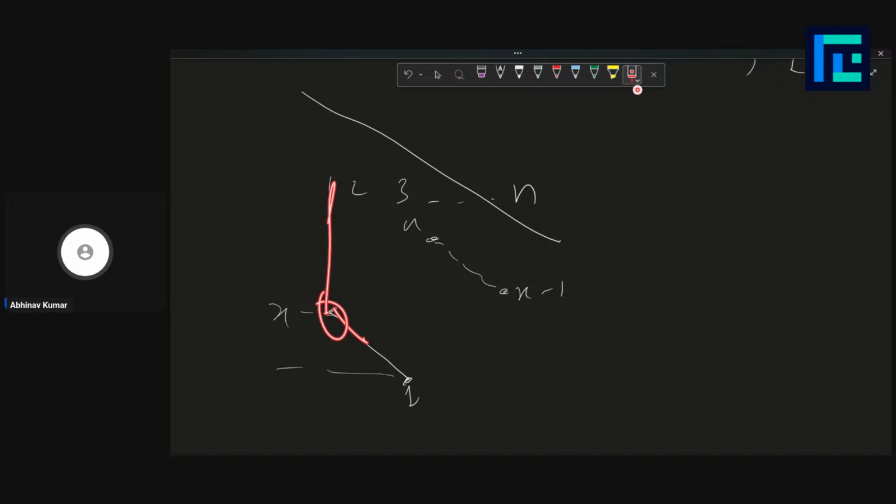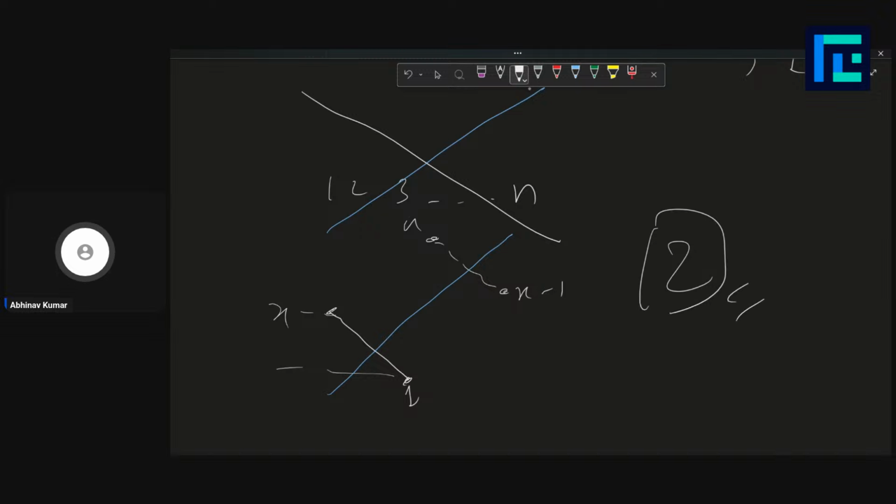So this x becomes equal to 1. This is not happening. The indexes are increasing from 1 to n, values are decreasing. So if you merge them into a single graph, then at one point these two would merge, and at one point these two would merge. So at max we can have two points where pi is equal to i.